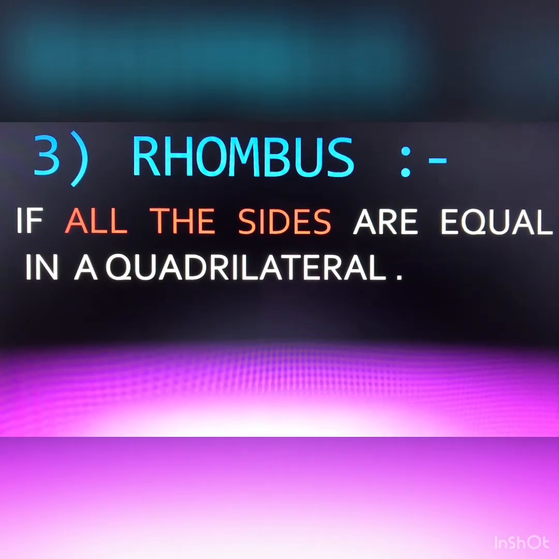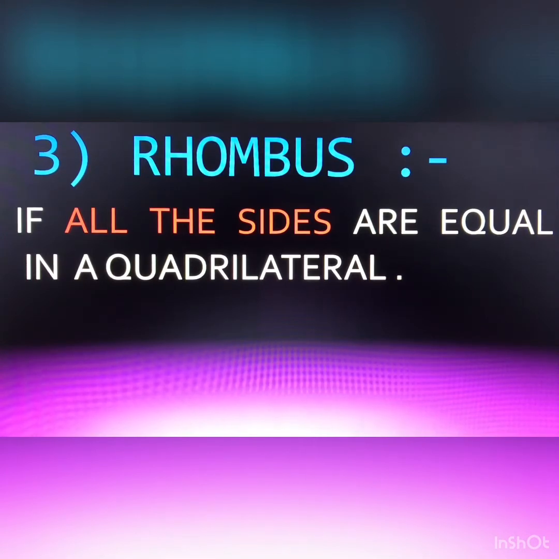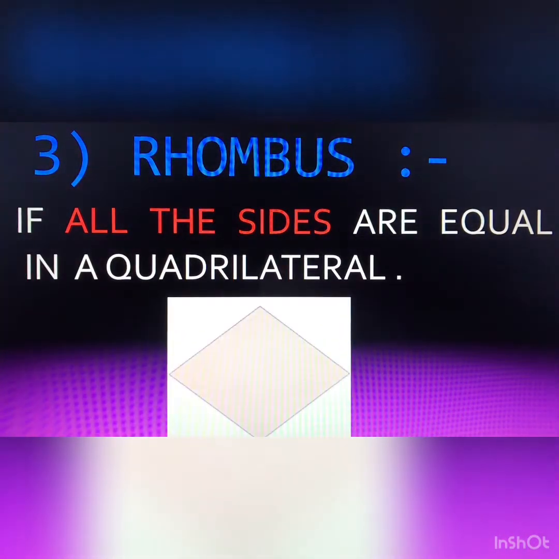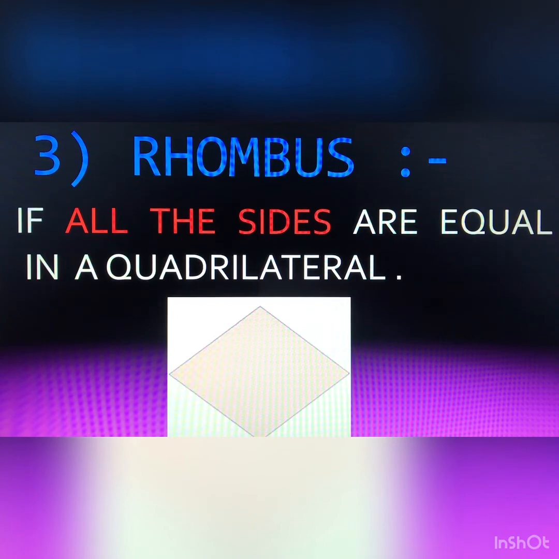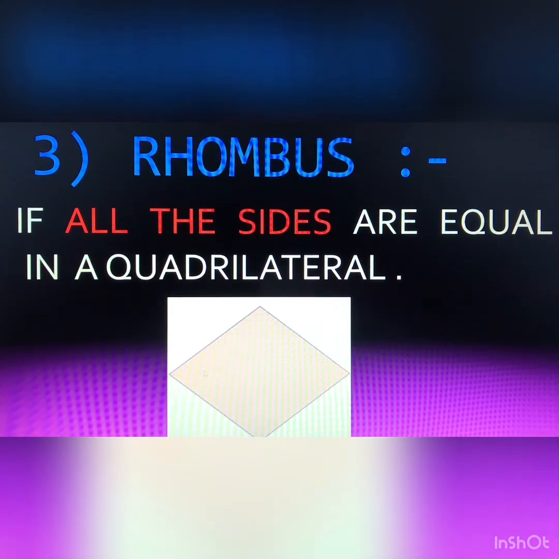But a square is also a rhombus because all sides are equal; it is not necessary whether the angles are 90 degrees or not, the condition is that all sides are equal. So this is an example of a rhombus. You can see that all 4 sides are equal.